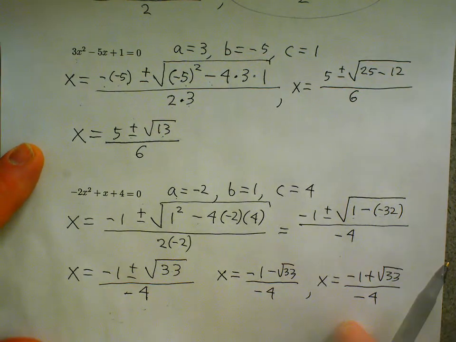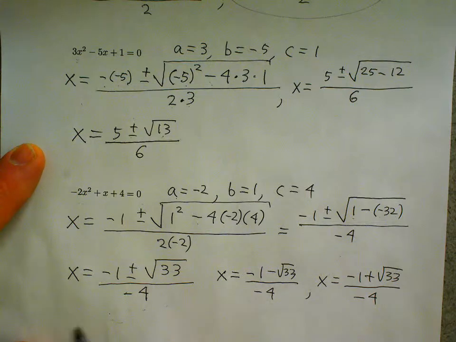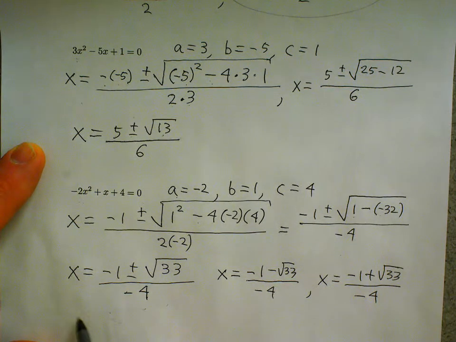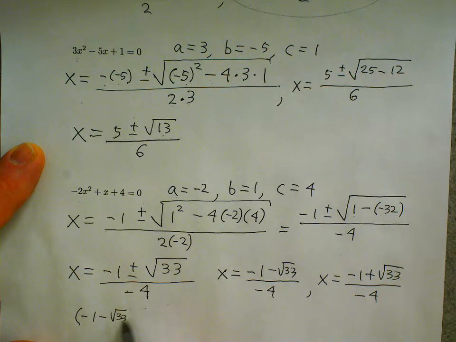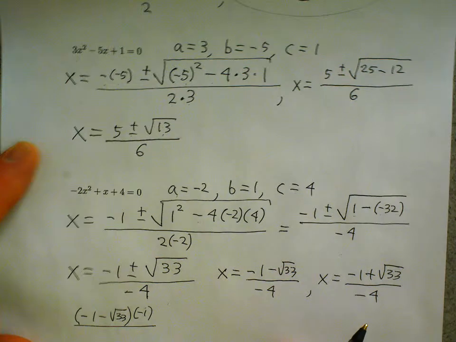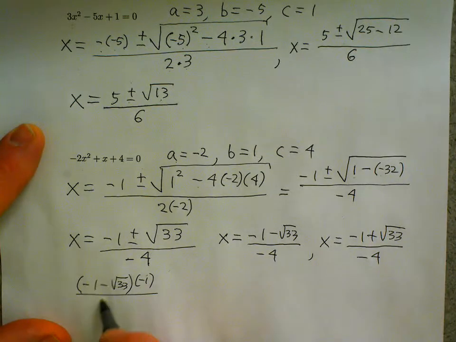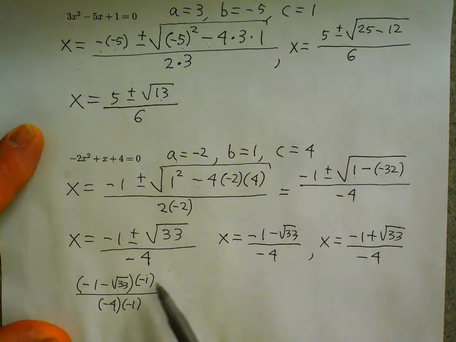So when we multiply the numerator, -1 minus the square root of 33 by -1, and multiply the denominator -4 by -1, we're just multiplying by +1 because -1 divided by -1 is +1.